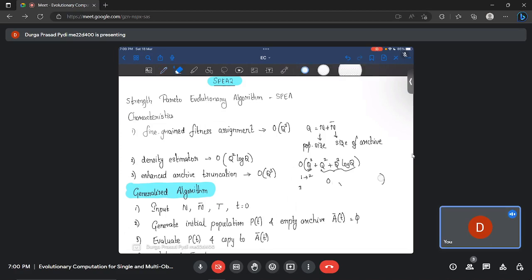Then it will be something different. It will be q square times, since 2 has to happen each and every time 1 is happening, so the multiplication of this plus q cube. Then this will be the leading term, q power 4 log q. That will be your worst case complexity. Clear?